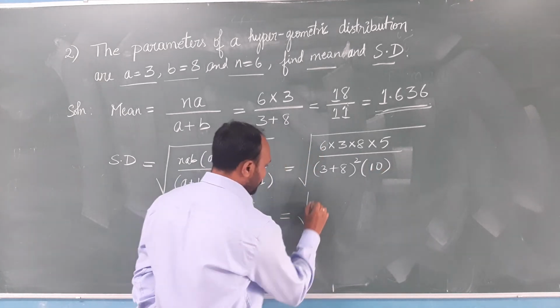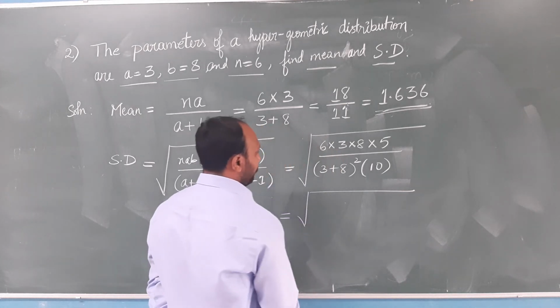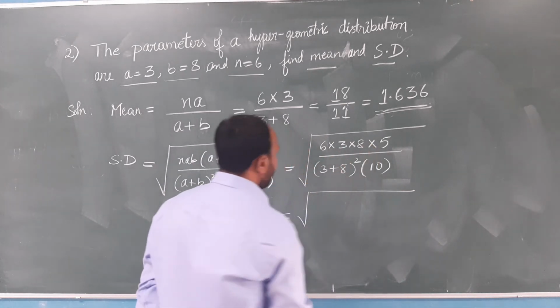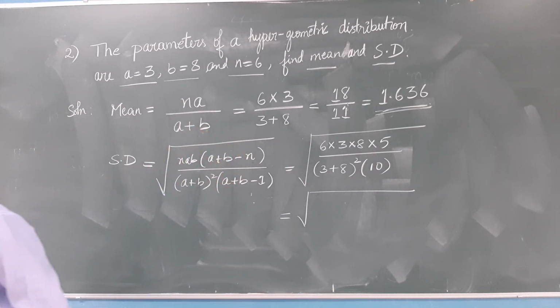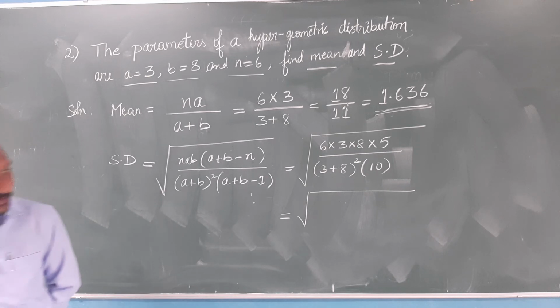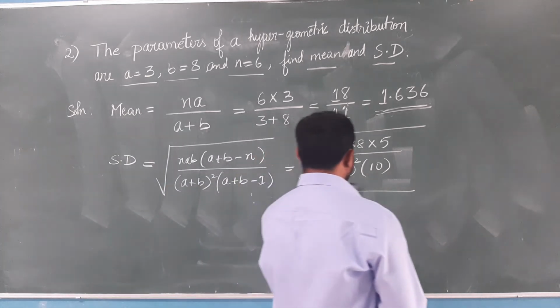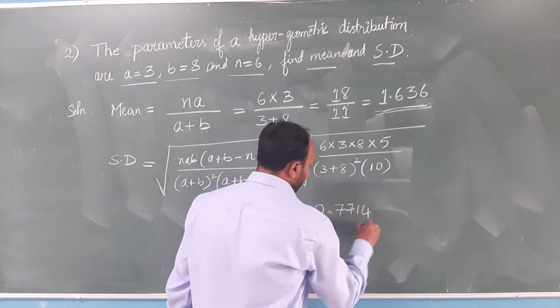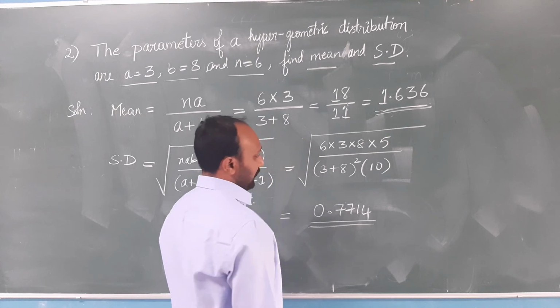So 6 threes are 18, 18 into 8 into 5 will give you the value. The final value is 0.7714, the final answer.